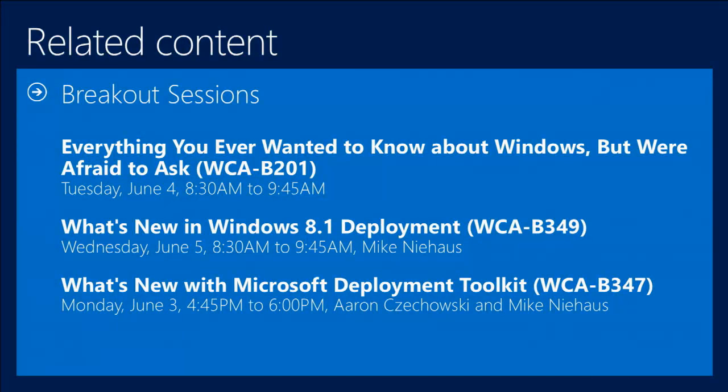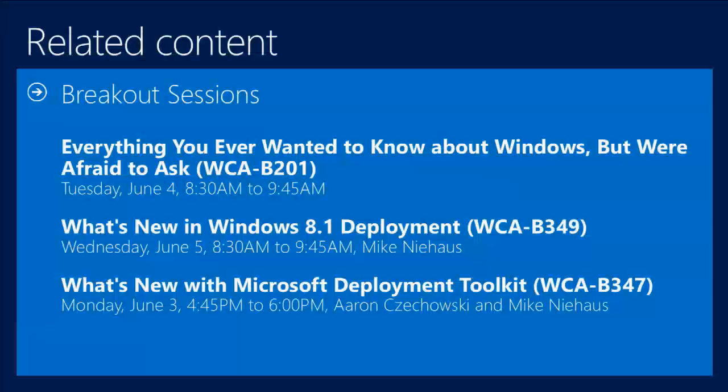No major changes in the deployment process itself, just updated versions of the tools that will be necessary to deploy Windows 8.1, to build your Windows 8.1 images, or to do the more traditional refresh processes for those of you that are coming from Windows 7 or earlier operating systems. We have a session this afternoon with myself and Aaron talking about what's new in the Microsoft Deployment Toolkit.